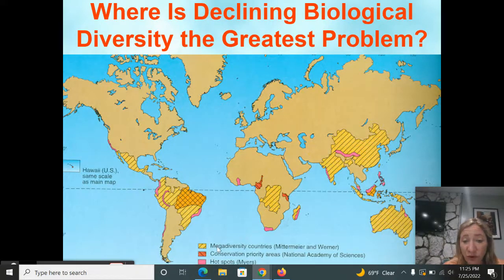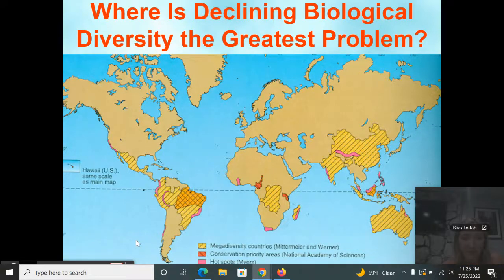There are some places that are what's called a mega diversity country. And then the orange is conservation areas. So there are certain places in some of these countries that are conservation areas, and I can't see the last key there, so I don't remember what the cross one is. I think it's one that has mega biodiversity and conservation, but I could be wrong on that.